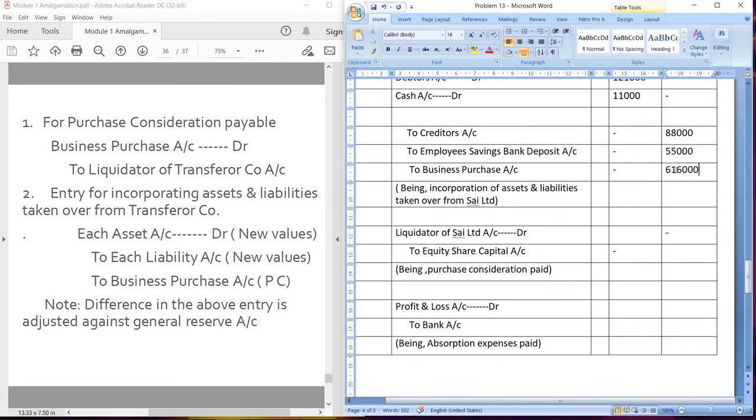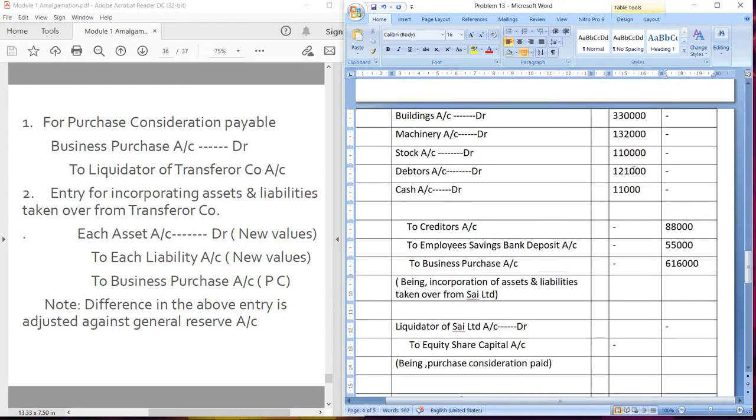Now what we have to do is make the total of the debit side and the total of the credit side and see if both are tallying. If they are not tallying, we have to see where there is a difference. So the total of the debit column is 7,04,000 and the total of the credit column is 7,59,000.